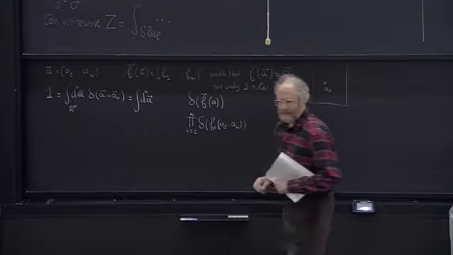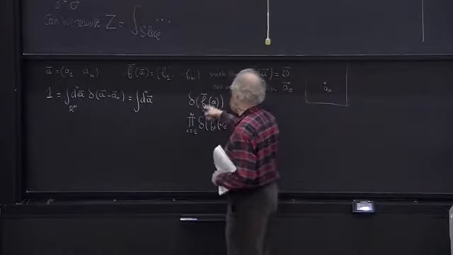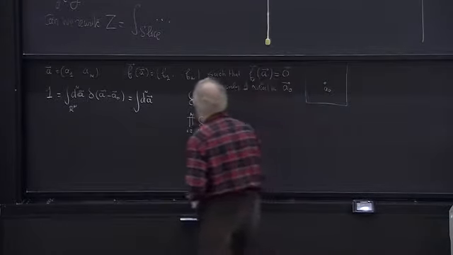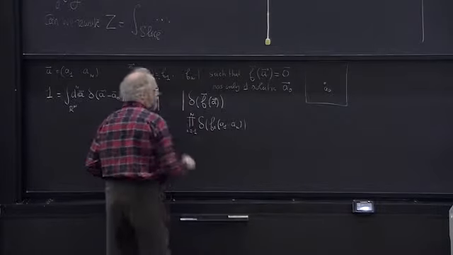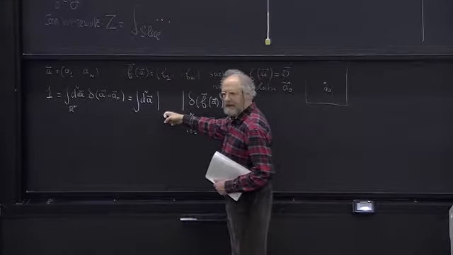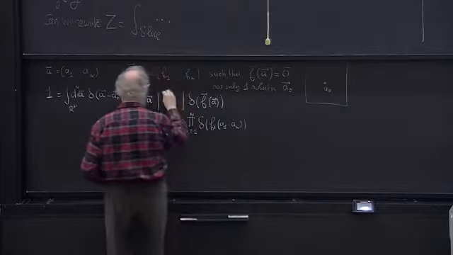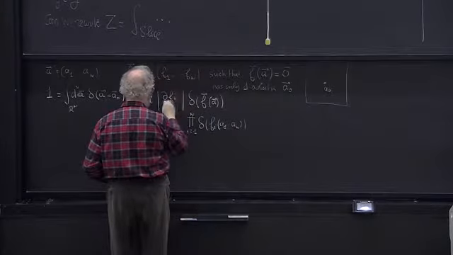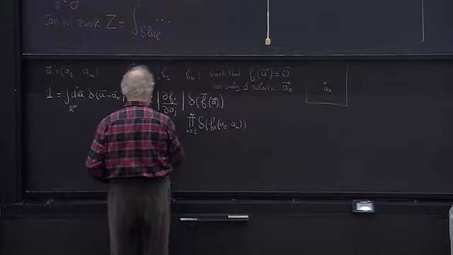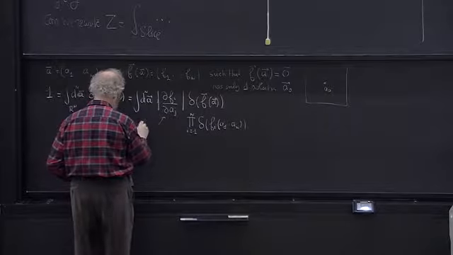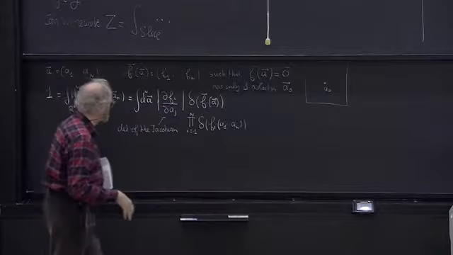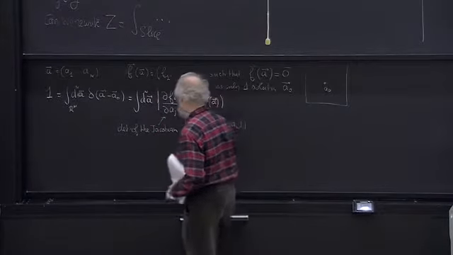Okay, so it's a product of n delta functions, but I write this as delta of f of A. Well, the factor in front of this is just the absolute value of the determinant of the Jacobian dfi divided by dAj. So the coefficient here is just the determinant of the Jacobian, if you want to change the variables, A to f.